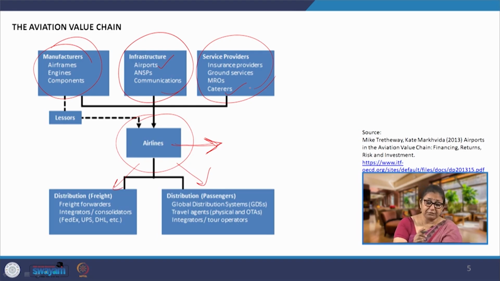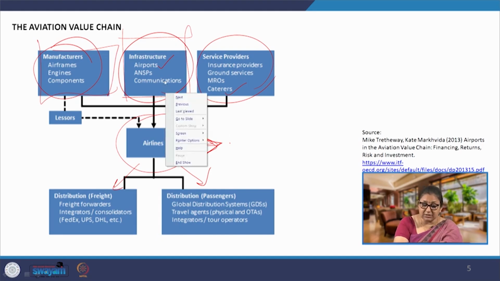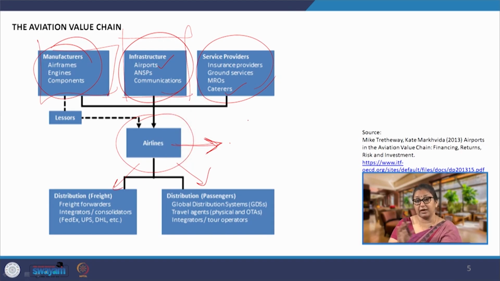However, if we are looking at, say, airports, the infrastructure, or manufacturers, for them this emission, which is scope 1 for airlines, is going to become scope 3. And this is what we are going to see, what all is part of the scope of an airport.